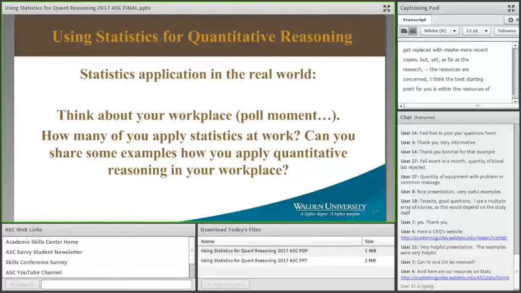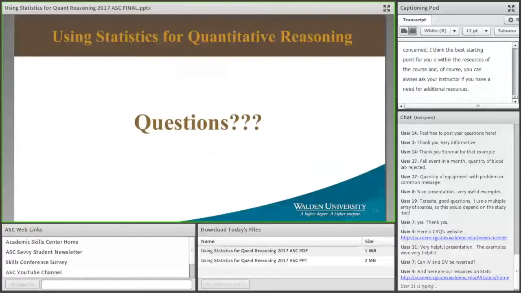And of course, you can always ask your instructor if you have a need for additional resources. As tutors, we get that question too. If there are areas where you would like more resources or a greater understanding, by all means, you can always come and ask the tutors, and we'll direct you in the right direction.